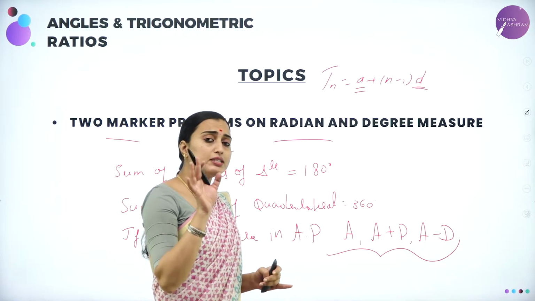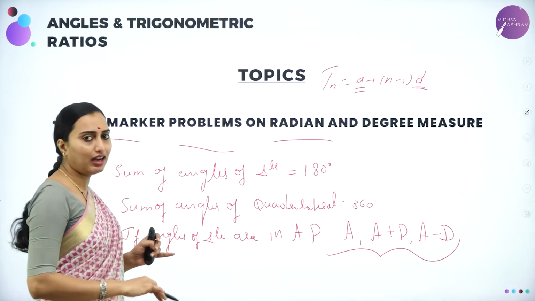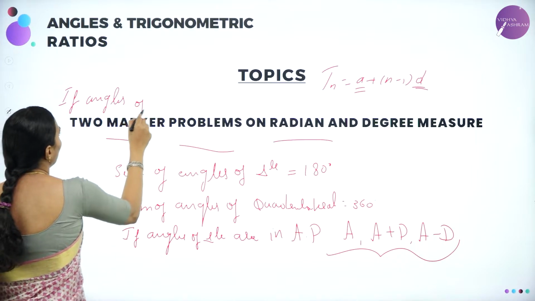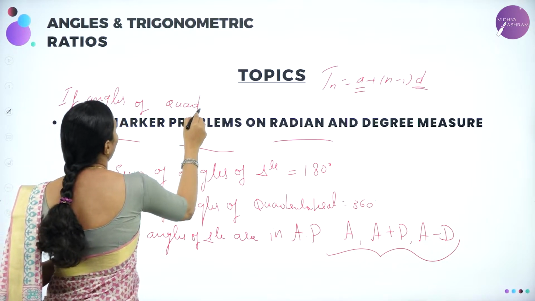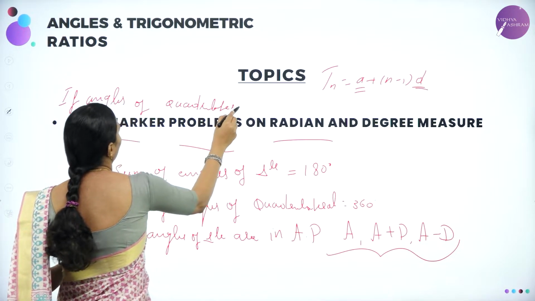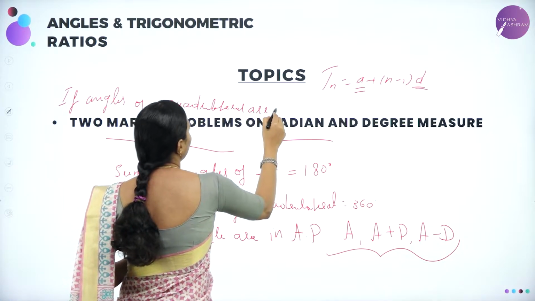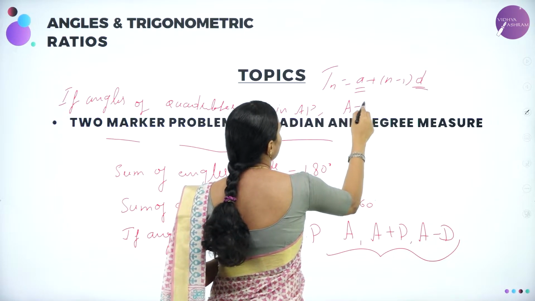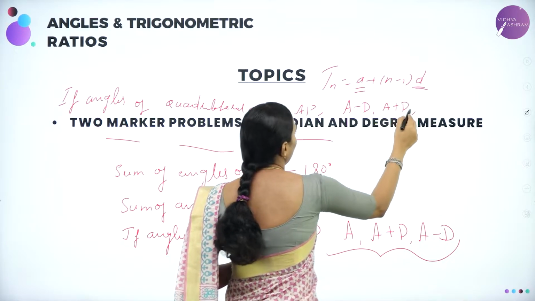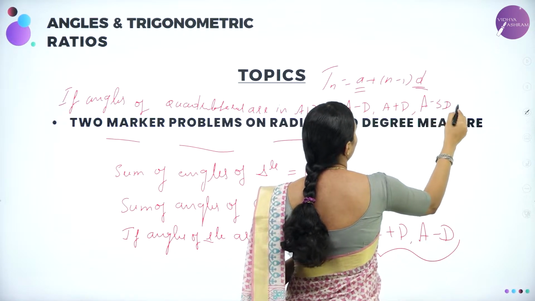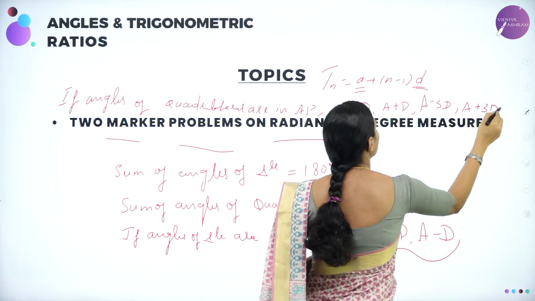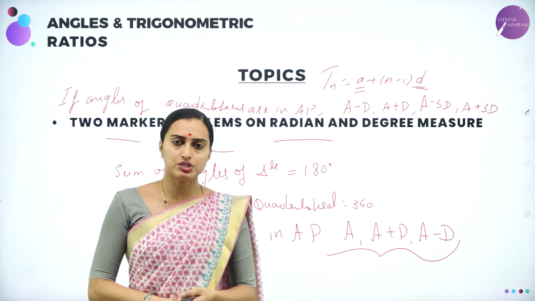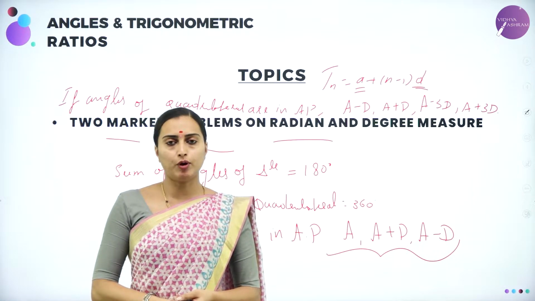Similarly, if the angles of a quadrilateral are in AP, then consider the angles as a minus 3d, a minus d, a plus d and a plus 3d. Just you have to remember this. Understood? Then we'll move on to solving the problem, dears.